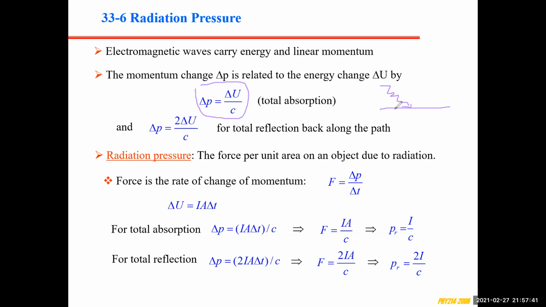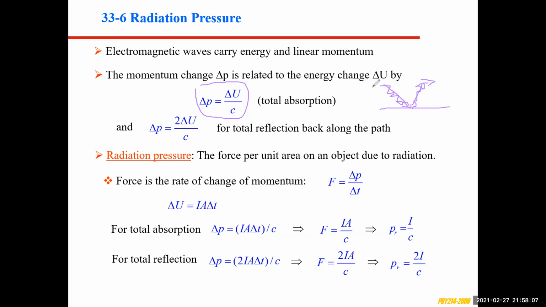What about when you encounter a surface where all the light rays are being reflected off? Nothing is being absorbed, it's being reflected off, then we know that the change in momentum has to be twice, because this is one change and this is another change. So for total reflection, the momentum change will be 2 times delta U over C.